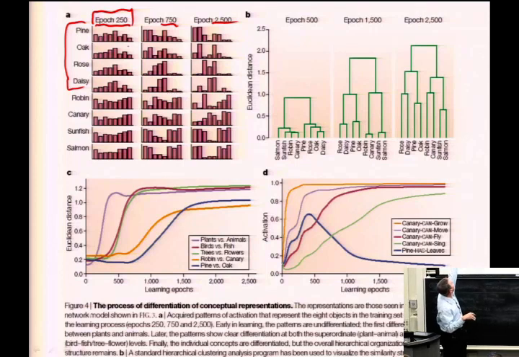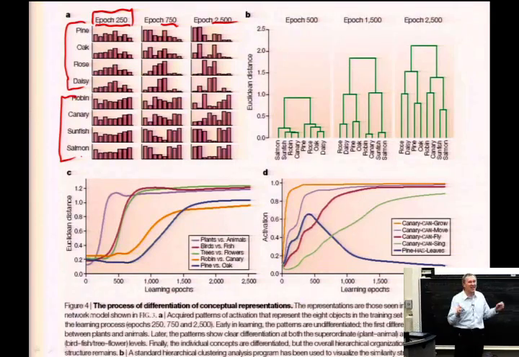Their activations of those hidden units are about the same, whether it's pine or oak or rose or daisy, but they're quite different from these other four, which are robin, canary, sunfish, and salmon.